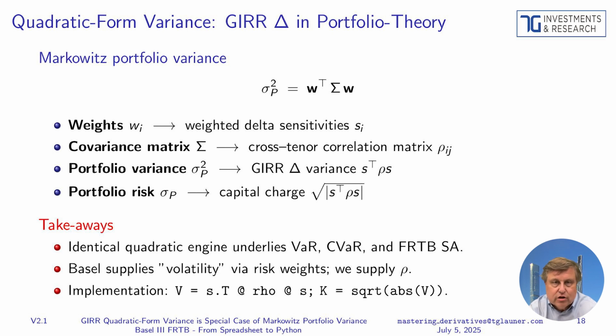Basel provides the volatility via risk weight tables. We, the practitioners, construct the correlation matrix rho. In code, this is a one-liner. V equals S dot transpose at rho at S, K equals the square root of the absolute value of V.